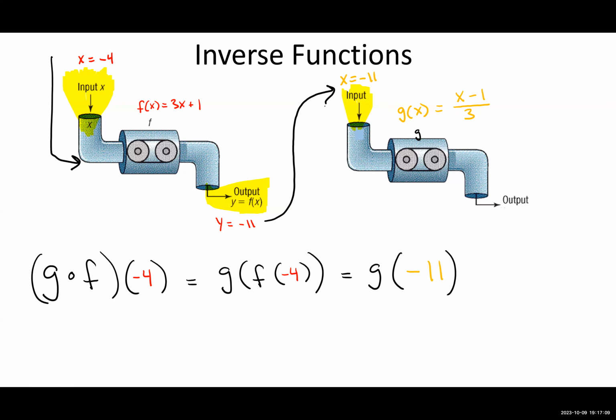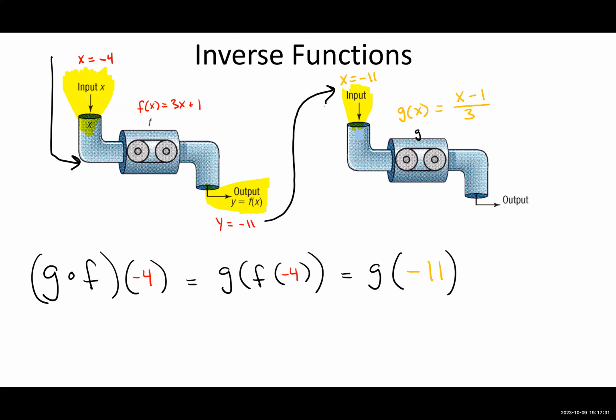I chose this specific g function as a very special function for this example. It actually is the only function. X minus 1 over 3 is the only function that will reverse the first function. It does exactly the opposite of the f function.